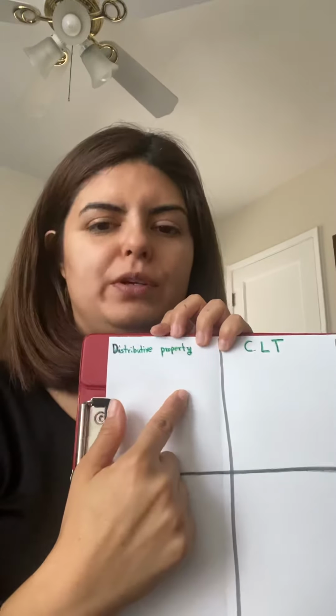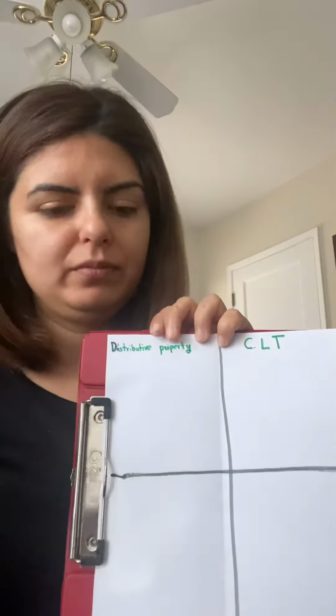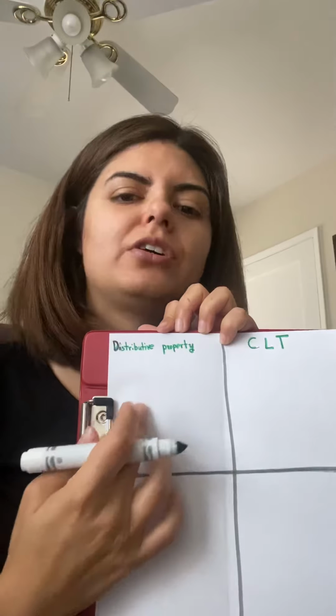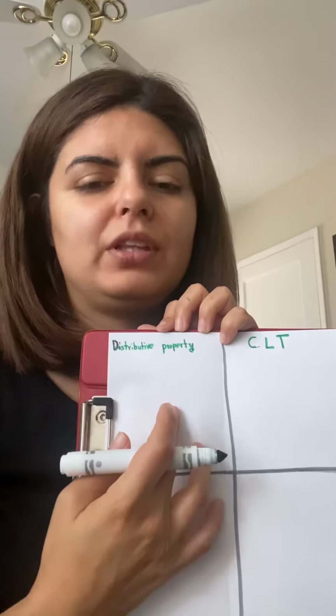Okay, I'm just trying to adjust this. Okay. So first off, we're working with distributive property. Now we've talked a lot about this in class, so you guys should have an idea of how to do this. So I'm gonna go ahead and set up an example problem for you guys, just in case you're having trouble remembering how to do this. So let's say 5 parentheses 2x plus 3.